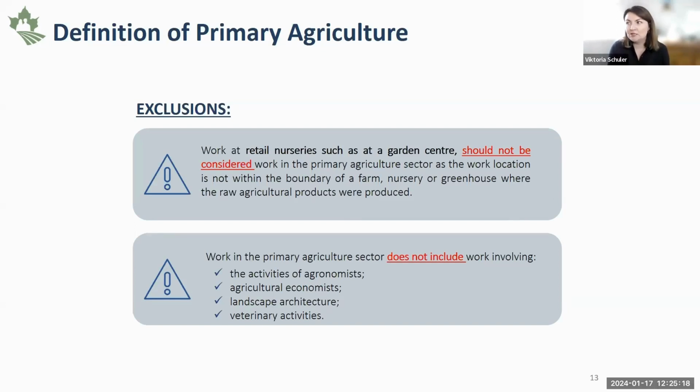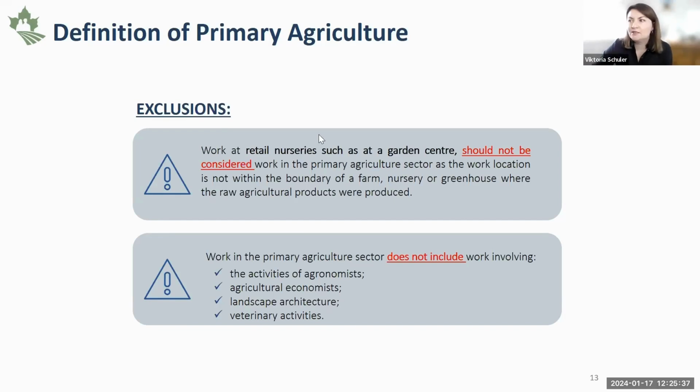So if it's just a retail nursery, you need to follow the regular stream, which is low wage or high wage. And also, work in primary agriculture does not include landscape architects, if you have those, and landscape laborers as well. We will talk about it too.